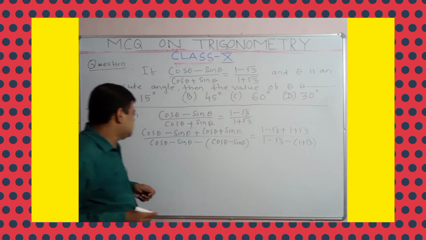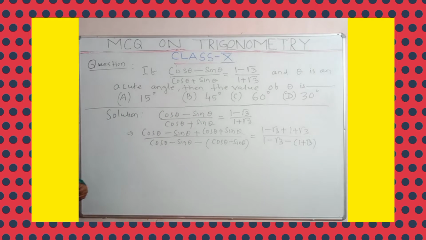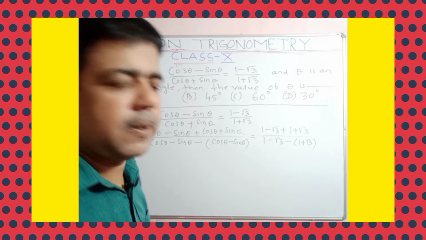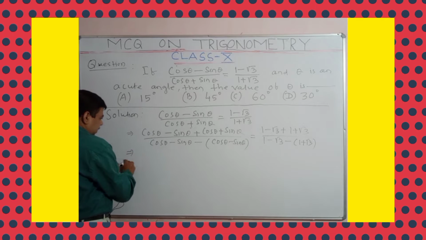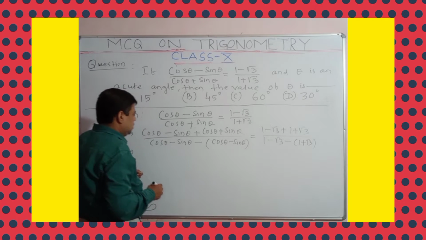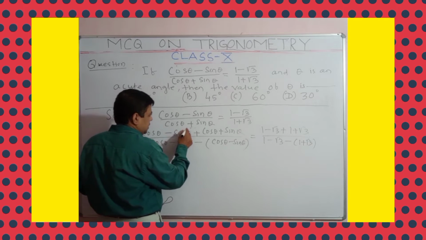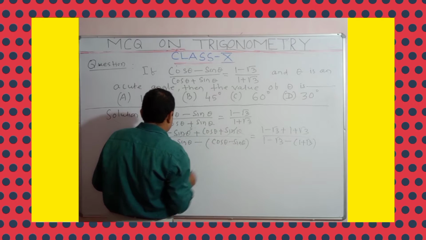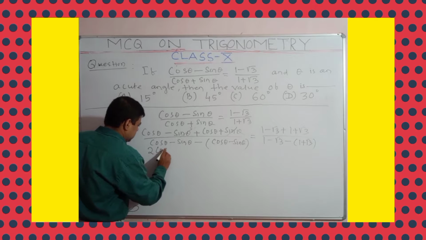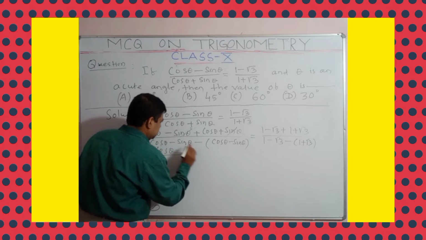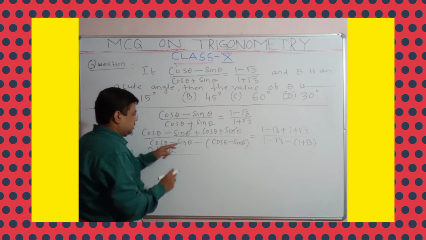So here we use the property of the proportion, componendo and dividendo rule. Is it clear? Now let's see, minus sin theta plus sin theta can we cancel? So cos theta plus cos theta is 2 cos theta. Similarly, in the denominator, cos theta plus sin theta minus the bracket cos theta minus sin theta.